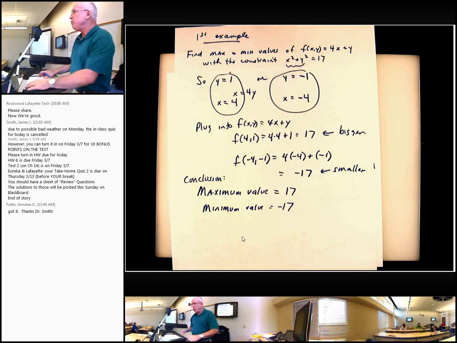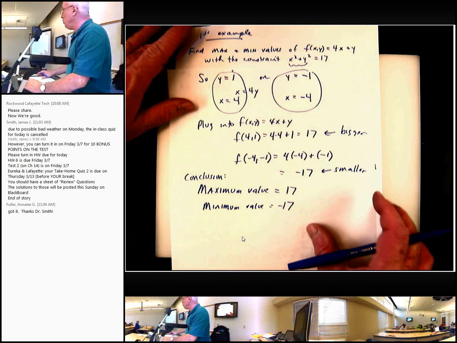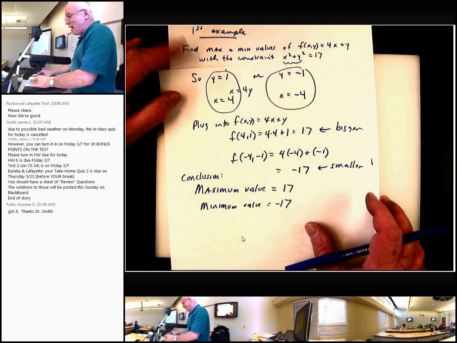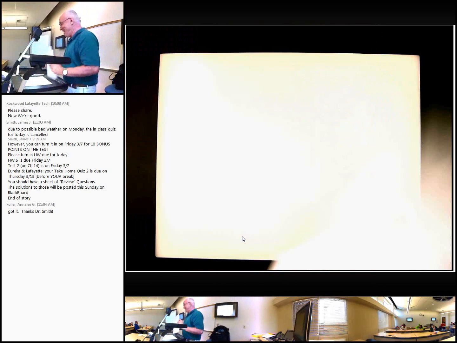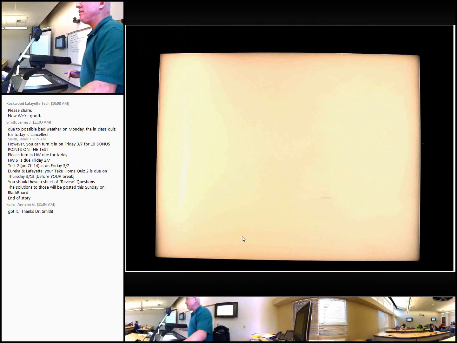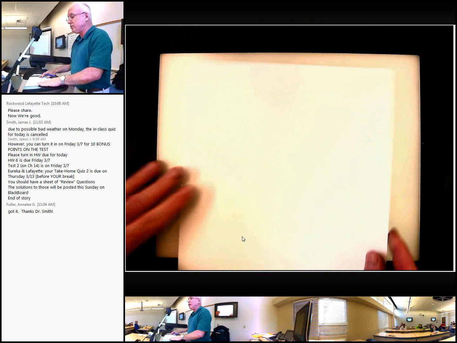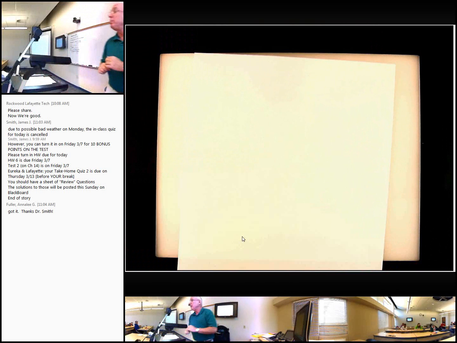I think we can do a second one. I know, I'm excited about it. Actually, this is some of the fun stuff that I find in math, is just the puzzle stuff. All right? Okay, so here's our second example. Example 2.